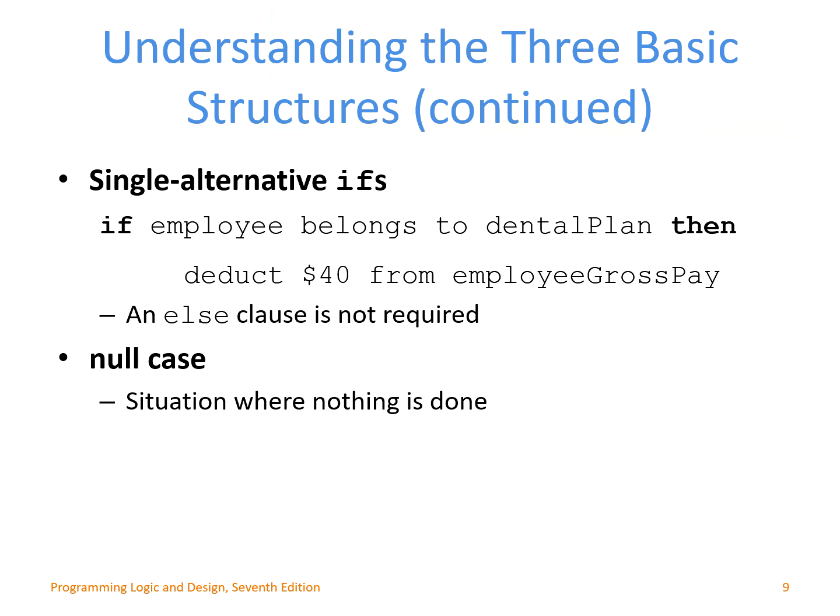Single alternative ifs. If employee belongs to dental plan, then deduct $40 from employee gross pay. An else clause is not required because this is single alternative only. We have here the null case, a situation where nothing is done.